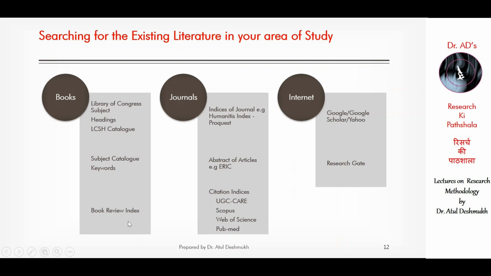Then there are certain review indices, book review indices. In this index you get the abstract, you get the review about that particular book. What is available in the book? What are the different parts of the book, or what information is given in the book?